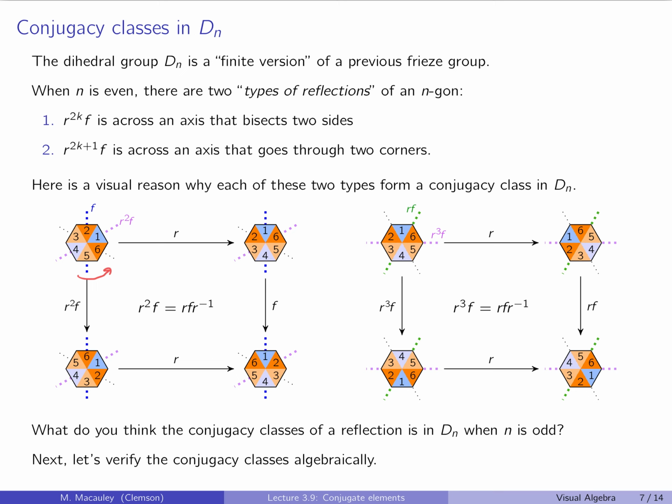Here's the analogous picture for the so-called corner bisecting axes. So for this one, notice how I've colored the triangles on top a little bit darker, and suppose that I want to reflect about the x-axis, and I want to compare that to the reflection about this axis here, which is RF. So suppose that this is our so-called home or central axis.